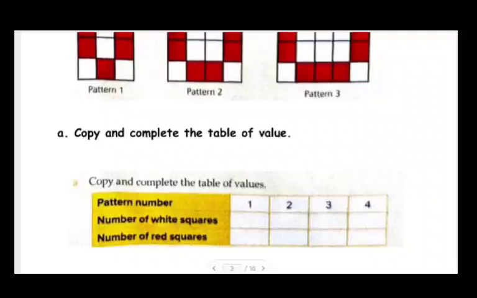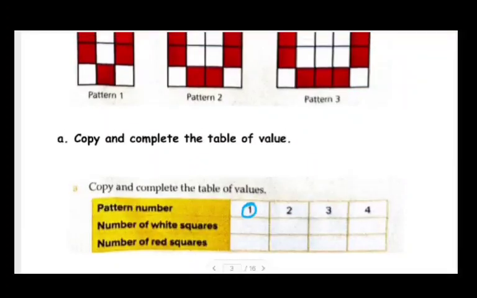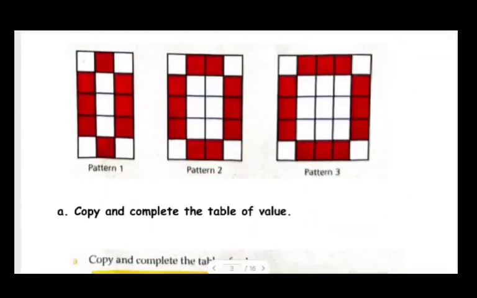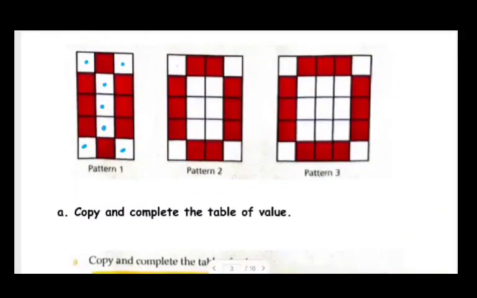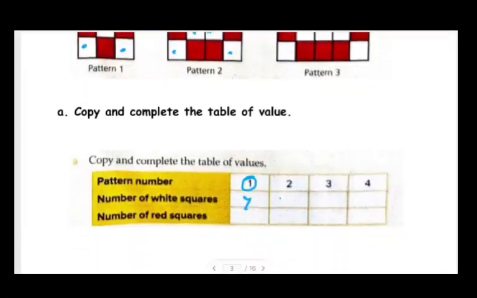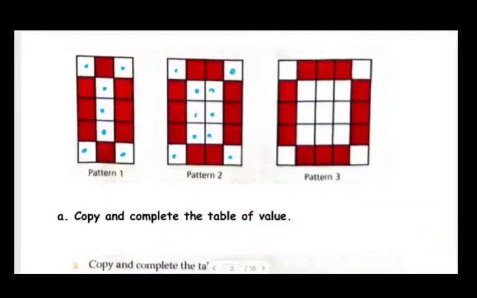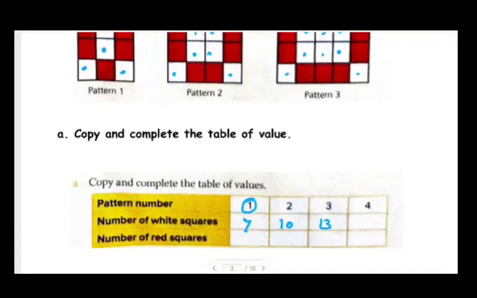So, number of white squares in the first position. So, it is 1, 2, 3, 4, 5, 6, 7. So, white squares 7. Second pattern 1, 2, 3, 4, 5, 6, 7, 8, 9, 10. 10. Third 1, 2, 3, 4, 5, 6, 7, 8, 9, 10, 11, 12, 13. 13.